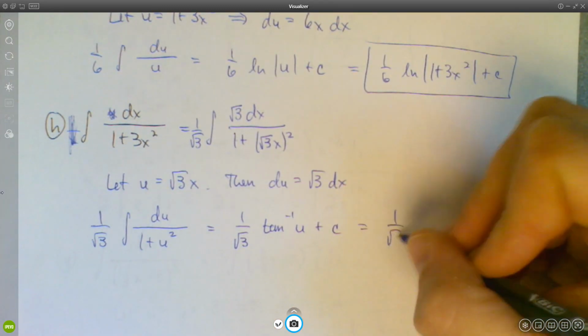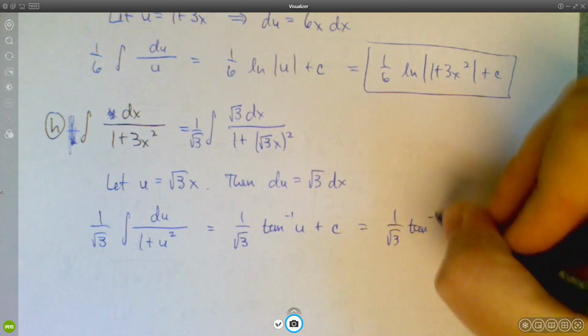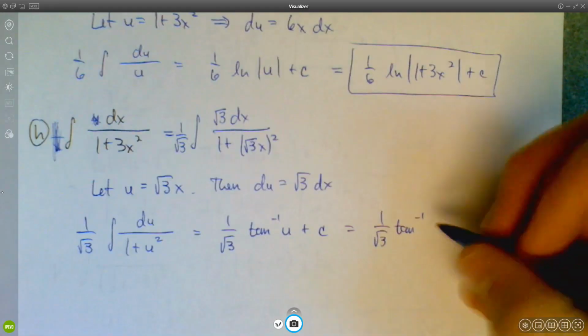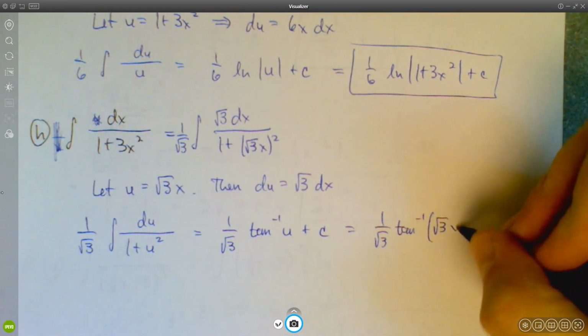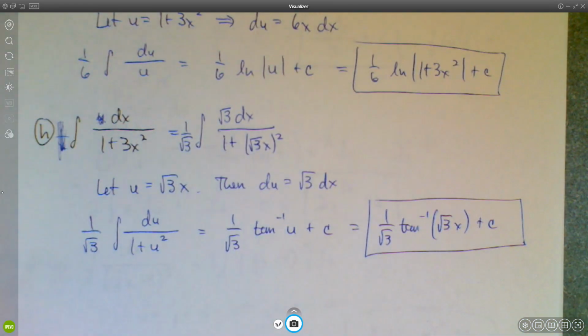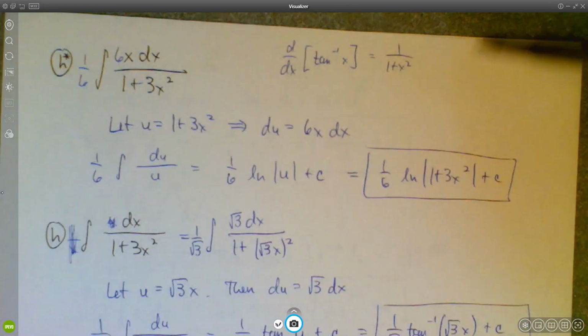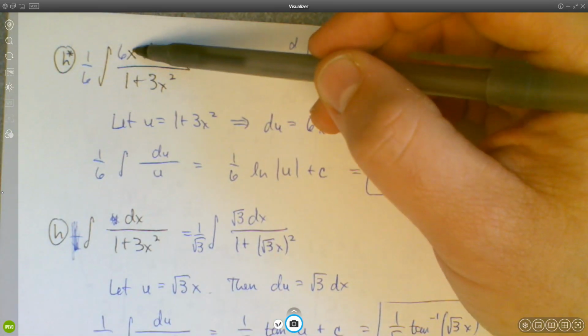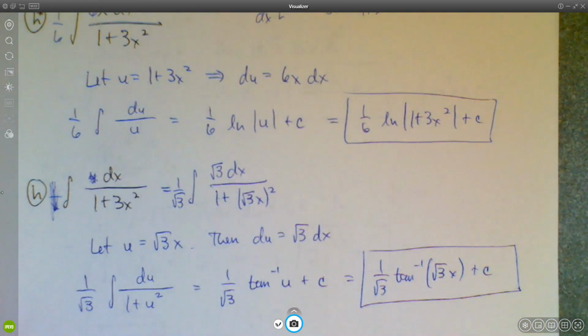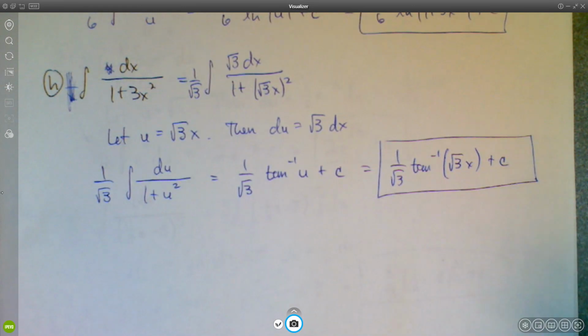Well, that's 1 over root 3 times tangent inverse of u, which was root 3 x, plus c. And there you go. So very different outcomes, right? Having an x there makes a pretty big difference in the outcome of what you get, right? Okay.